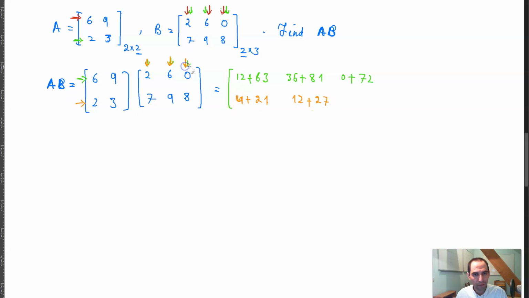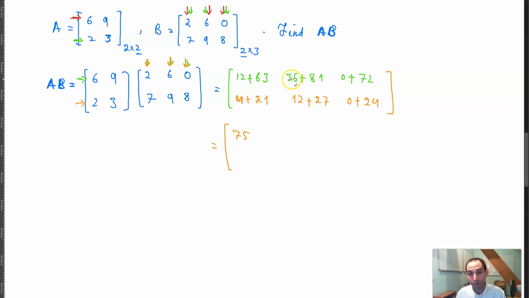And now I move to the third column, which is 2 times 0 is equal to 0, and 3 times 8 is equal to 24. Now 4 plus 21 is equal to 25.